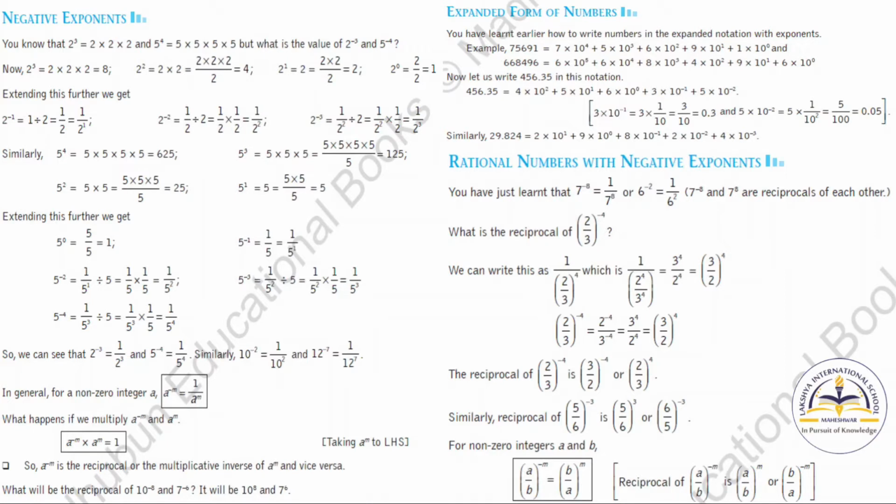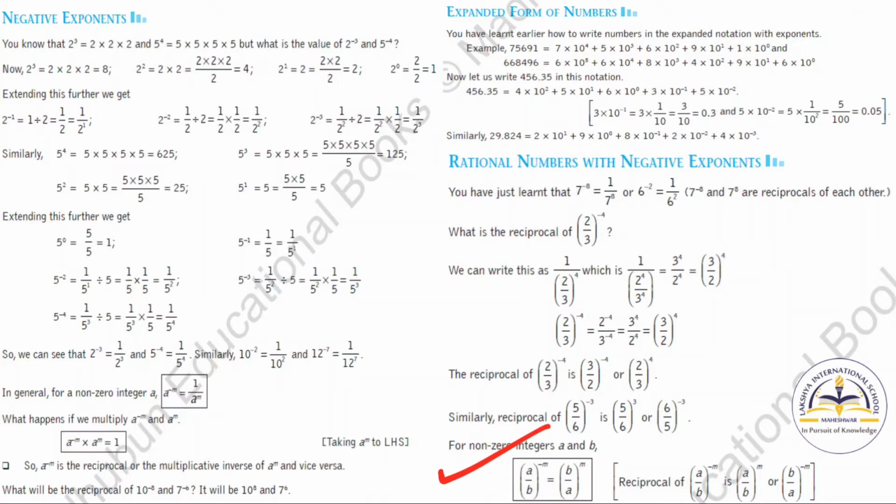Okay, now we will see which is given here. A by B whole raised to the power minus m equals B by A whole raised to the power m.